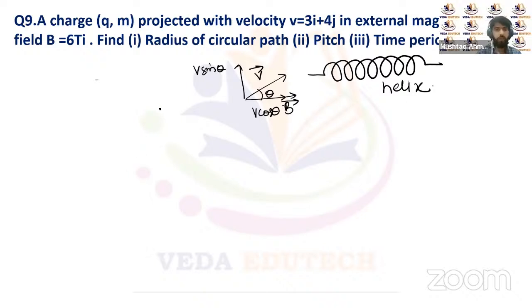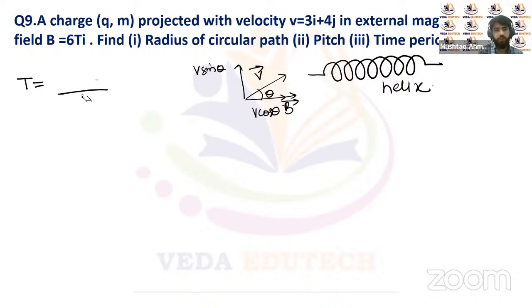Once again, for the circular path that the charged particle will follow, apart from the horizontal shift, the time period of this circular path will only depend upon the perpendicular component of the velocity. The time period will be equal to 2 pi r upon v.